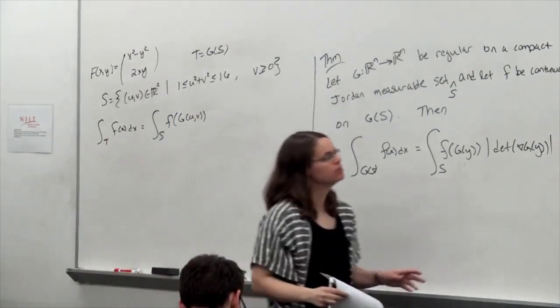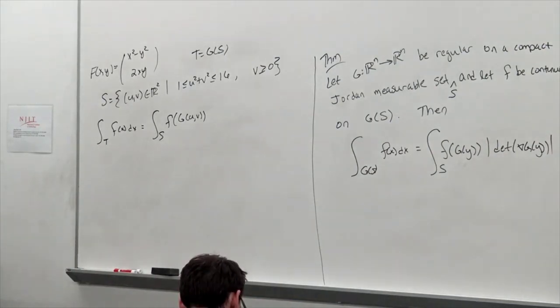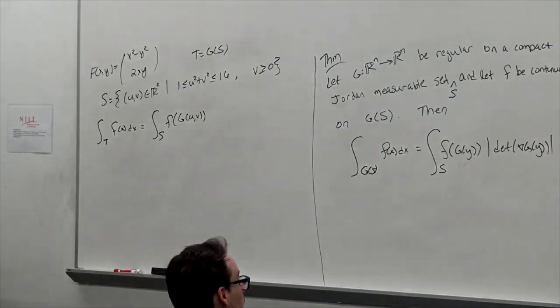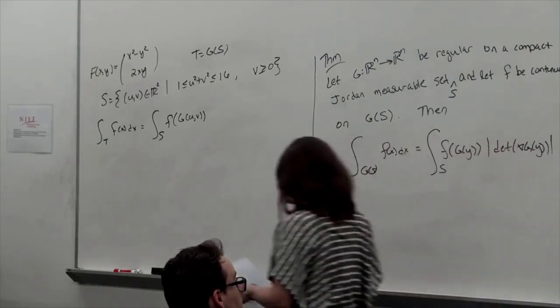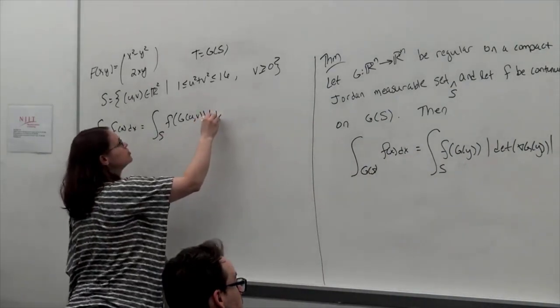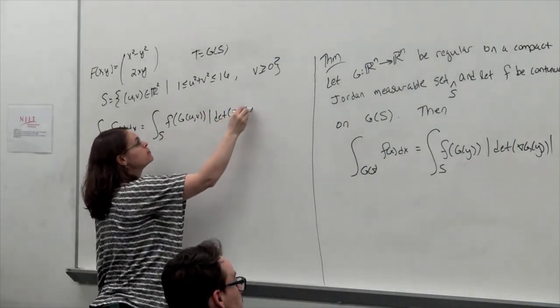And those things I can substitute in for, because here I got u squared, v squared, x squared plus y squared. We figured out a connection between x squared plus y squared and my u v variables. So all of that I can substitute for, that's not a problem. Then the other thing that I need is this determinant of the Jacobian of g.